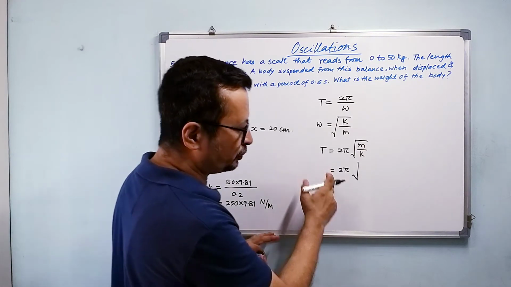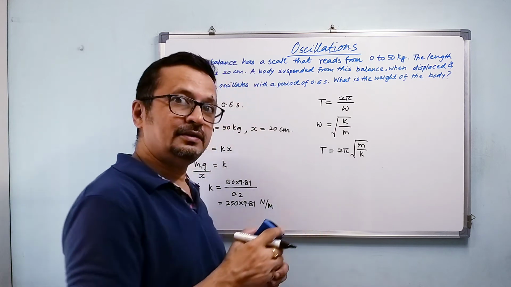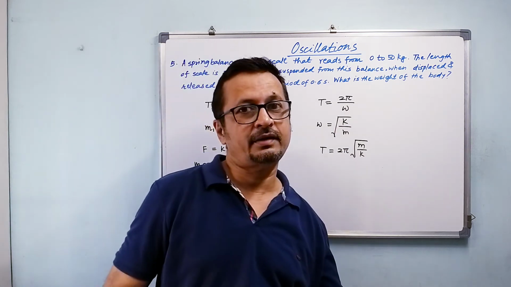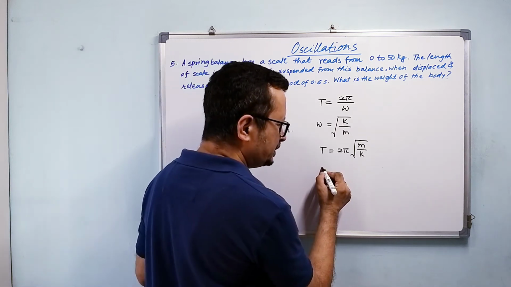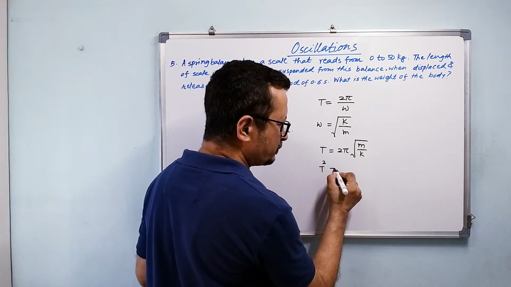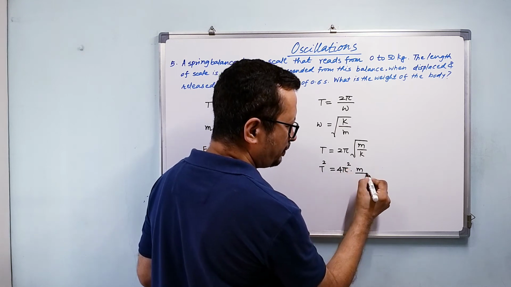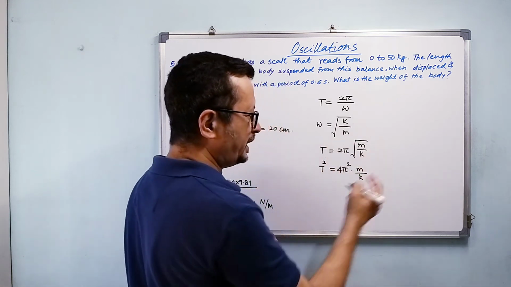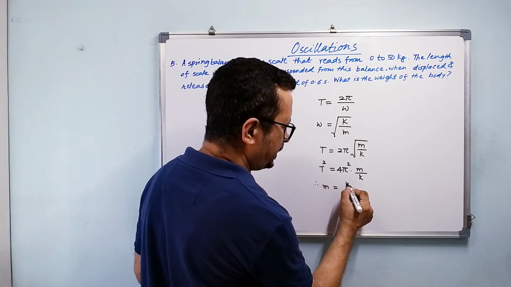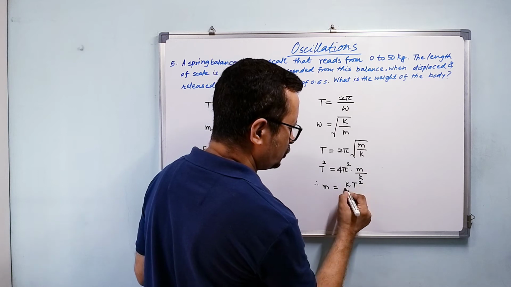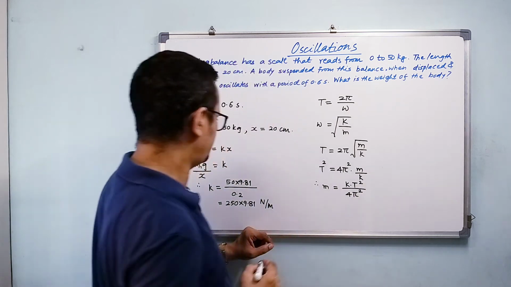So I'll first derive the formula for m. I square here: T square is equal to 4 pi square into m upon k, correct? So my m would be equal to k T square over 4 pi square, right?